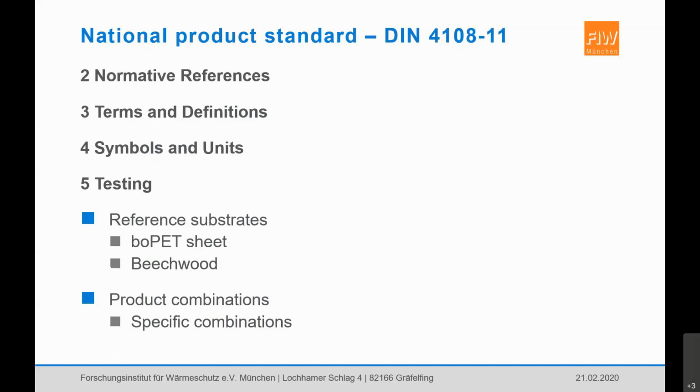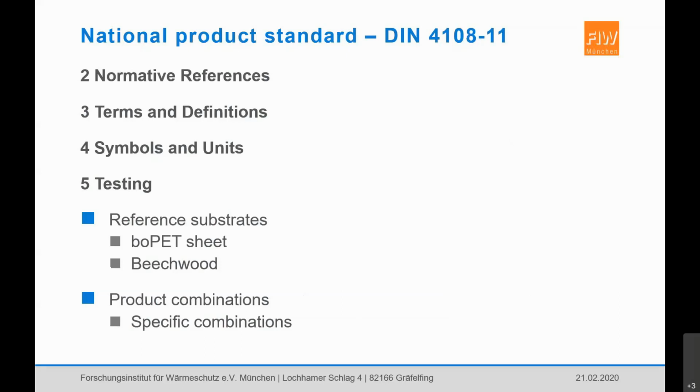In general, we have distinguished in the standard two cases. Case number 1 is the reference test scenarios. This means that reference test substrates are used, and the aim is to exclude any influence of the chosen substrate on the test results. This shall increase the reproducibility and the repeatability of the test and guarantees comparability between different types of products.